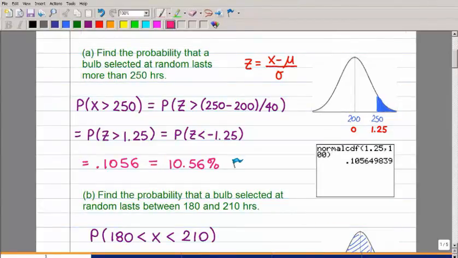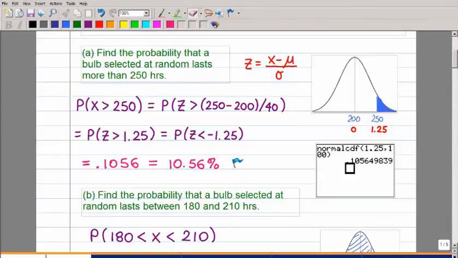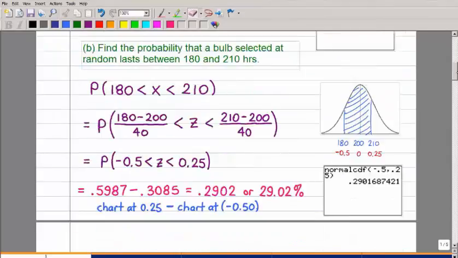I like to sometimes show the probability and the percent, because sometimes the question may ask for it as a percent, but you can see all you have to do is just use standard conversion to percent. And the calculator, normal CDF, I put a greater than, means you put the first number, 1.25, and greater than means your second number will be positive 100, which we learned last time in the part 1, that represents positive infinity.